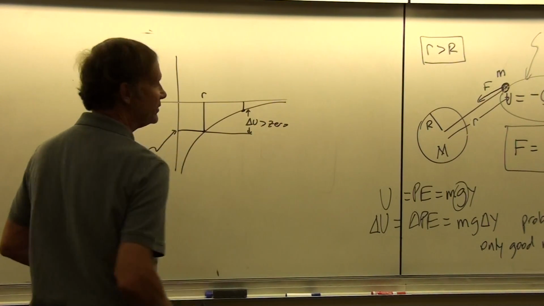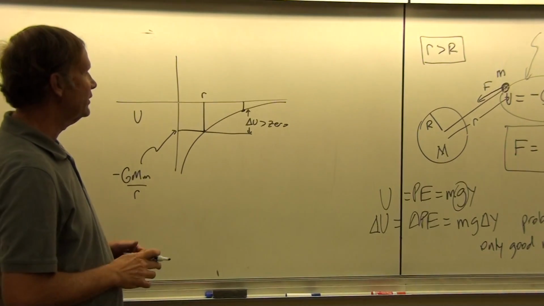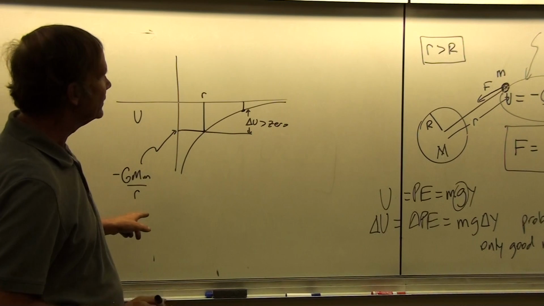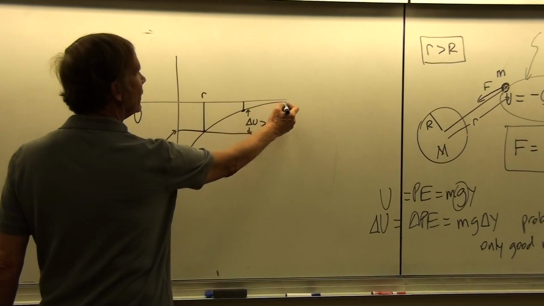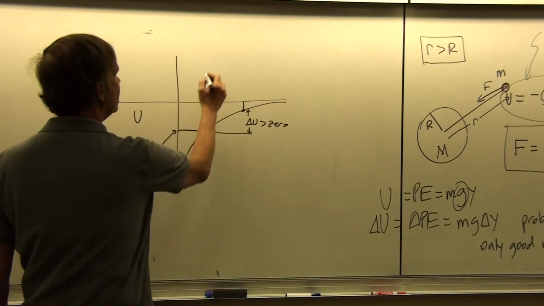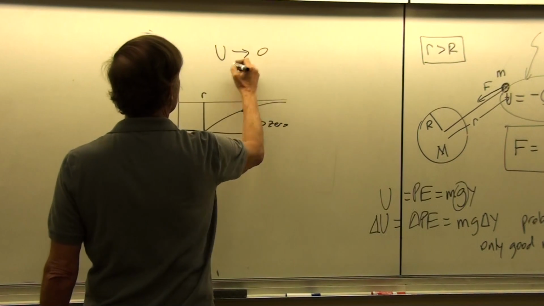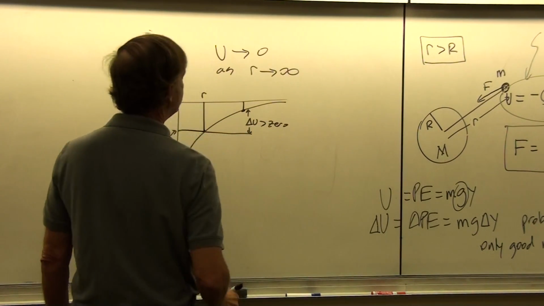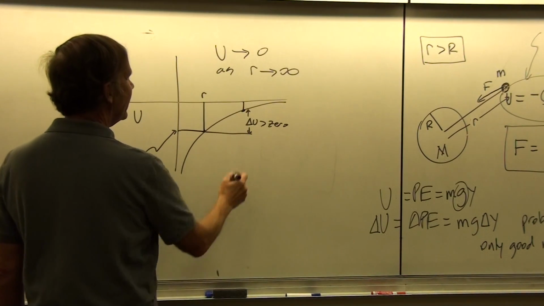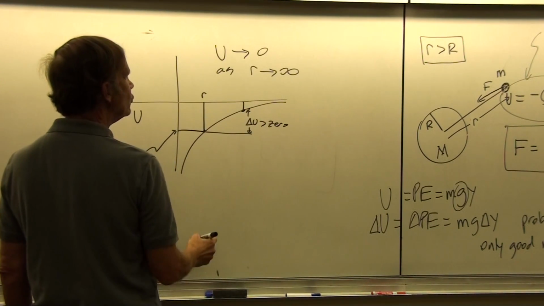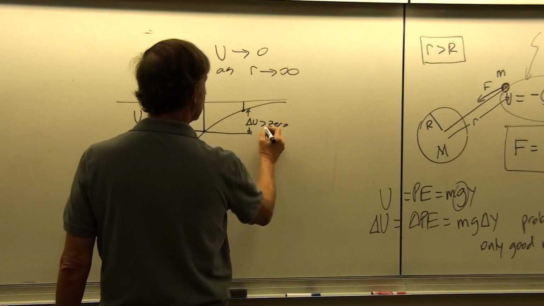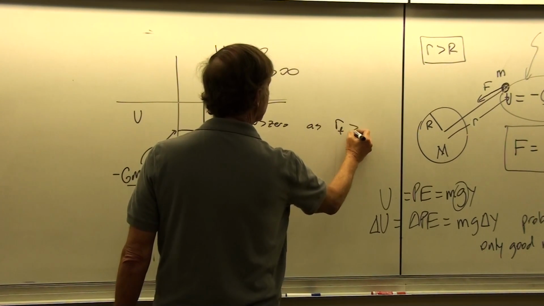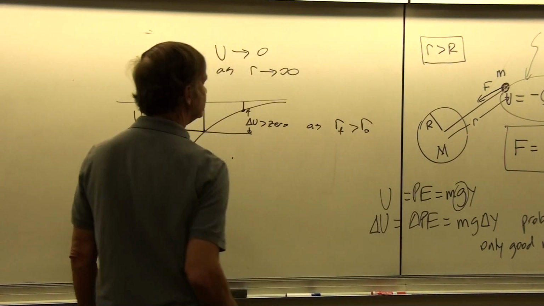So that corresponds to an increase in the potential energy, even though I'm making it less negative. So the biggest that you can get is 0. When r equals infinity, U goes to 0. But since it starts out negative, we can still increase U. Delta U is positive as r final becomes greater than r initial.